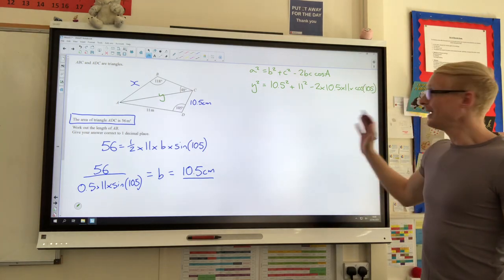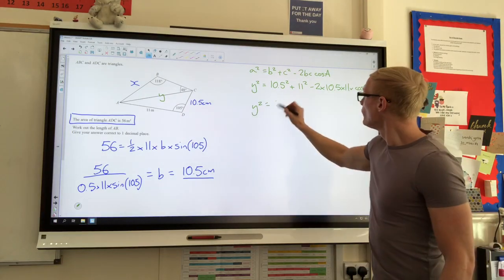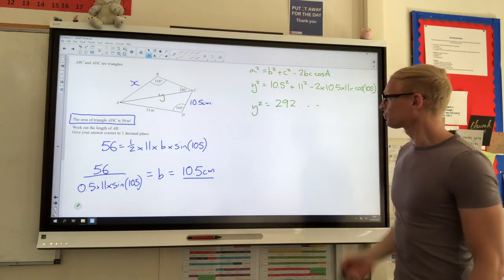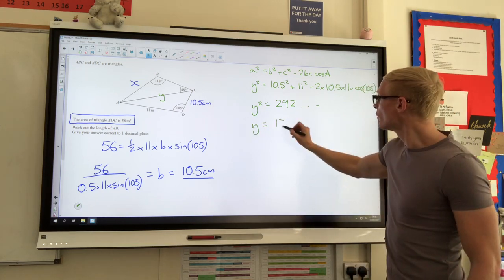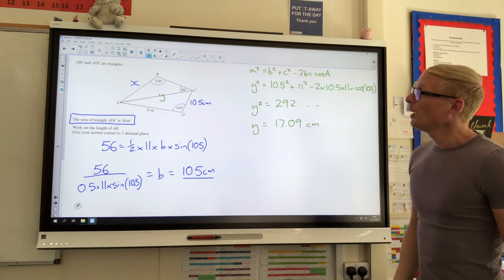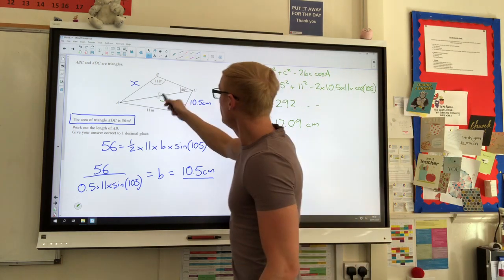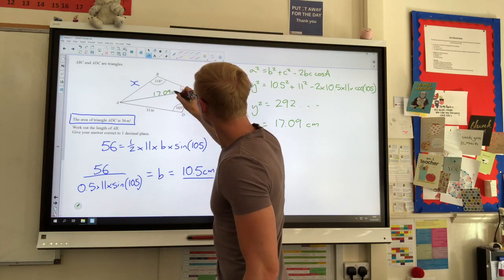Okay, so I type that in, and I would get y squared equals 292. Square root that to get y equals 17.09. Now at that stage, I'm nearly there because I've worked out that to be 17.09.